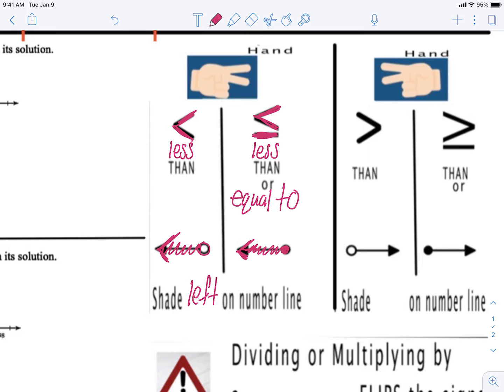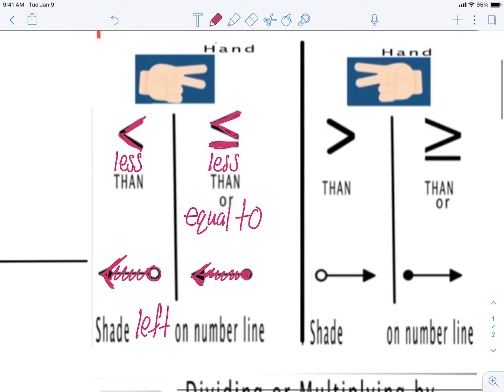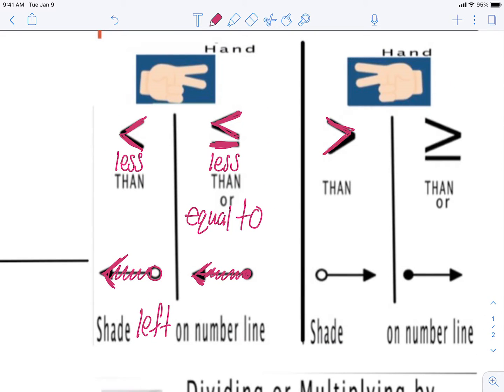On this one, we use our right hand to do the arrow, and this arrow means greater than. That means we do an open circle and we shade to the right.